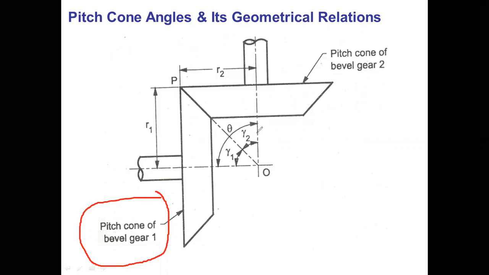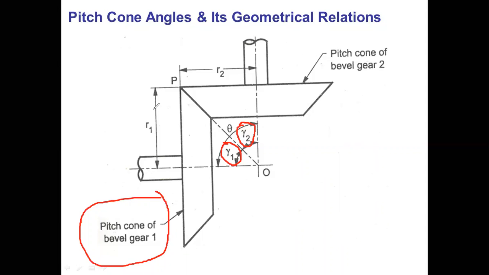Gamma 1 is the pitch cone angle for bevel gear 1, and gamma 2 is the pitch cone angle for gear 2, and theta is the shaft angle, and it is a summation of gamma 1 plus gamma 2.